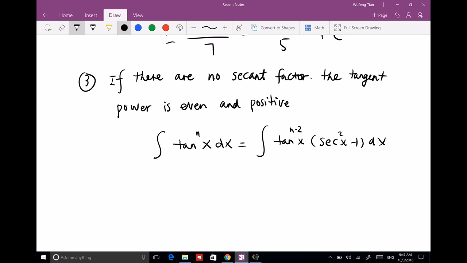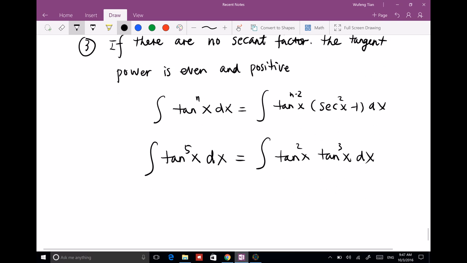I think it's okay. So for example, you have tangent x to the power 5 dx. Okay, we don't have any secant here. What do we do? We change that into tangent x squared and tangent x cubed dx.